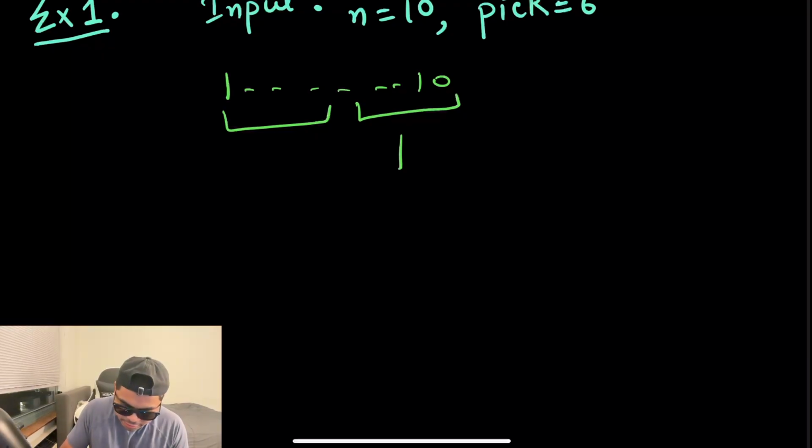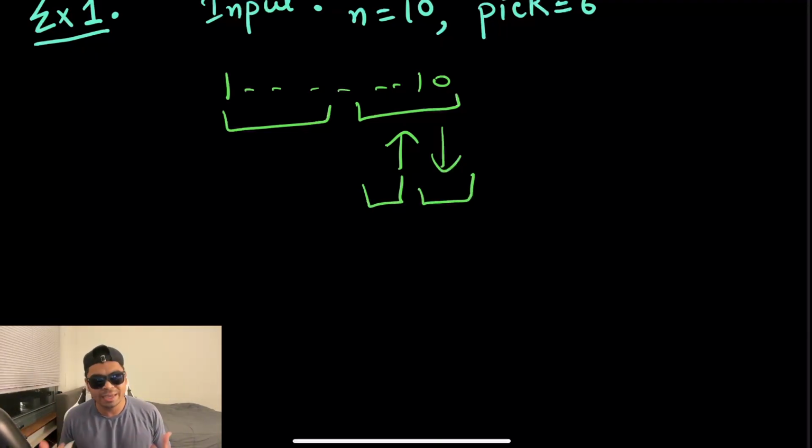This is how we break, and then we choose this, and then this also we break down, and this becomes either this or this. So we are breaking down this window.